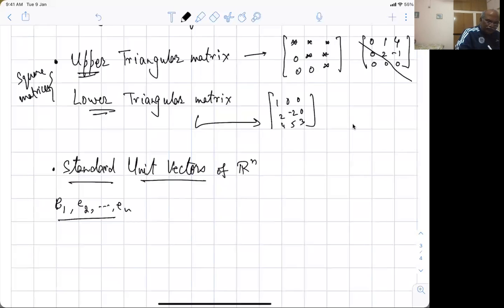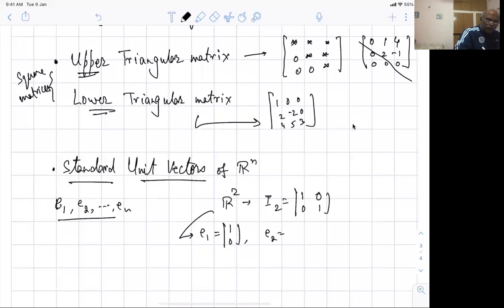Fine. So let me look at R2 first. The identity matrix of R2 is 1, 0, 0, 1. So here E1 in the case of R2 will look like 1, 0 and E2 will look like 0, 1. So I'm looking at the first column of the identity matrix and the second column of the identity matrix.